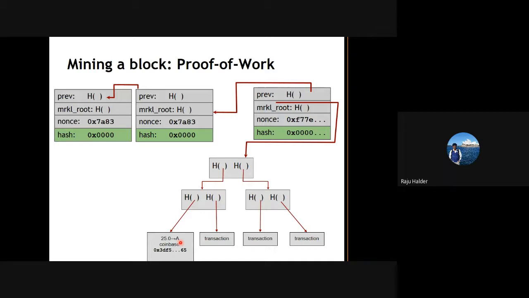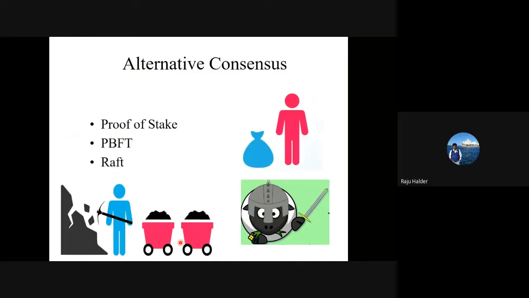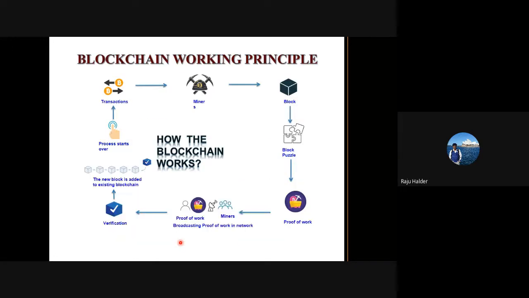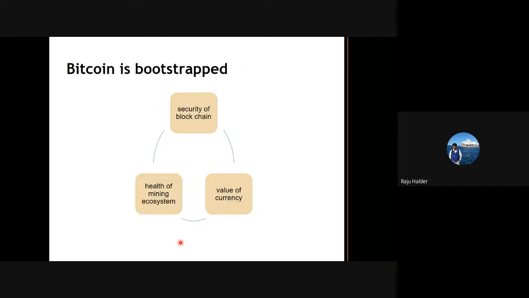So from this year it starts at 6.75 Bitcoin, and one Bitcoin is equal to, you can understand, 60,000 USD. So if you are successful in the mining process just once, you will be rich enough. But of course you need a lot of computation power. That's sometimes not possible.